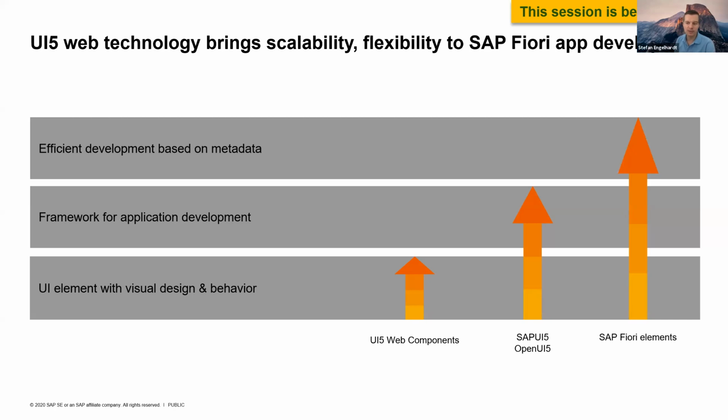Our experienced S/4HANA developers can build such an app in an afternoon, back-end wise and front-end wise. In the beginning you need a bit of time to get into it, but the more you use it, the quicker you will be. And with regards to the UI5 and Fiori Elements comparison, we also have another slide.